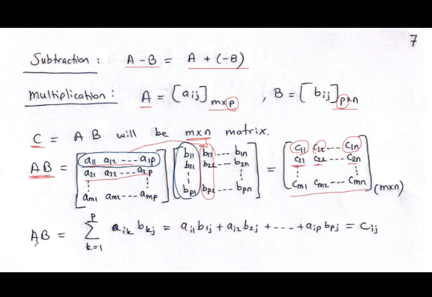The multiplication of these two matrices we can also write in a summation form using the elements Aik times Bkj that are coming from matrix A and matrix B. This is just an alternative representation of what we have explained in the row and column multiplication and summation of these terms, and we are writing these as the elements of matrix C.